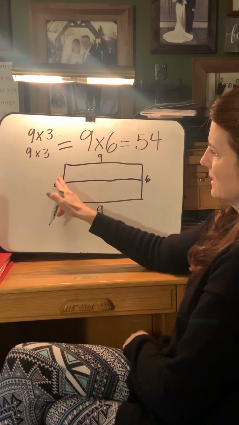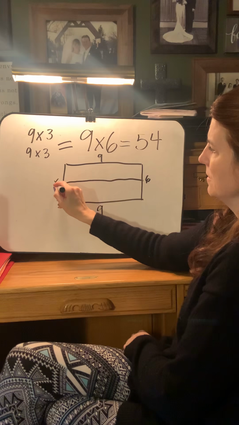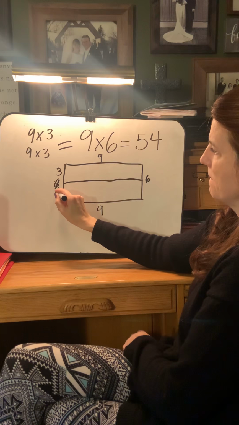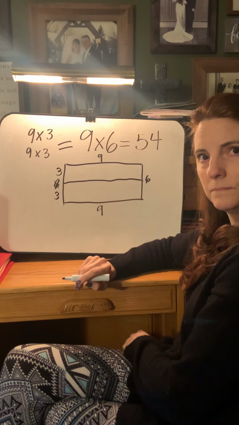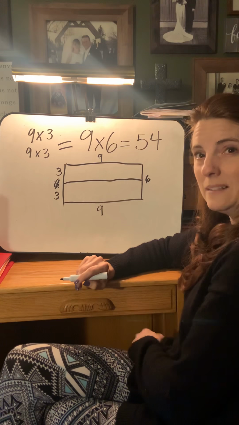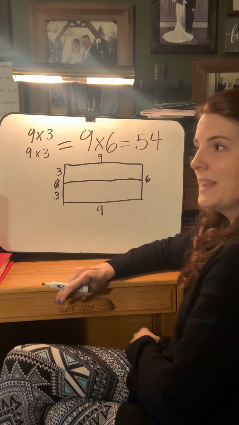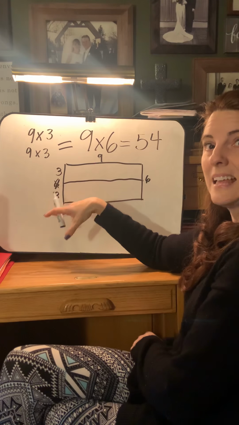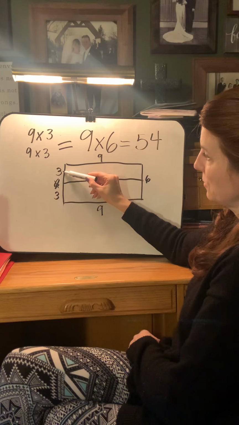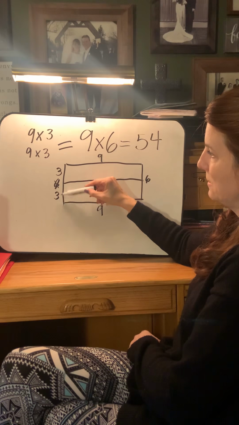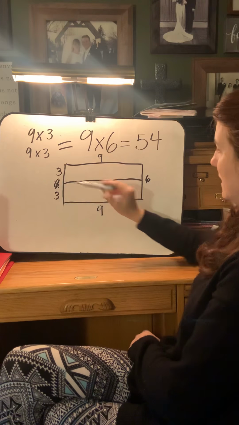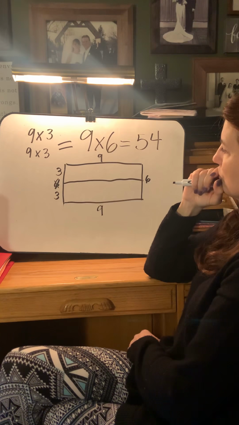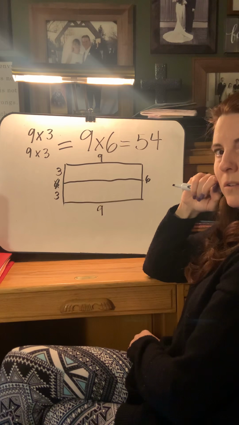If I break that 6 in half, did it turn into 3 and 3? Is that correct? Does it make sense? Not just, hey everybody, remember this is how you can do it, but does that make sense to you? That it would be 3 and 3, and that would be the same as this line being 6. So what now?